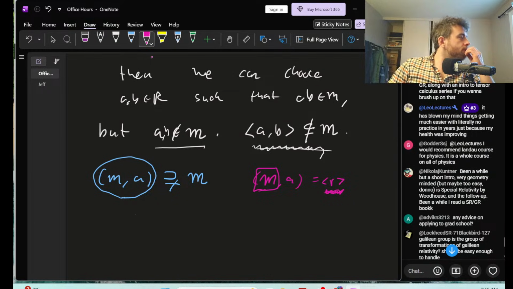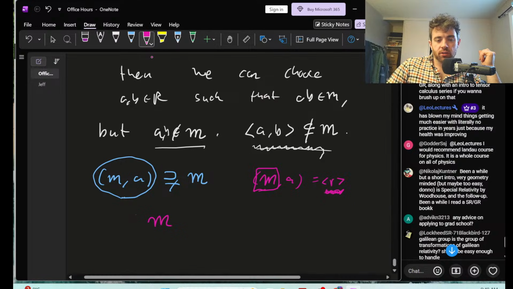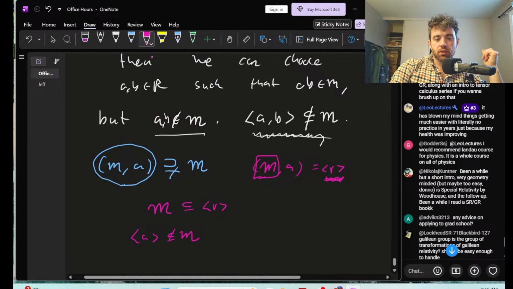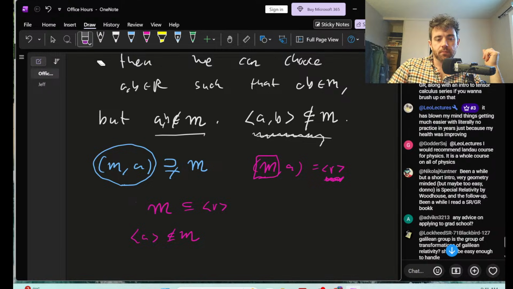Well, hang on. I mean, M is contained in R. Oh, but if A, right, if the ideal generated by A is not in M, wait a second. No. See, my brain's not even working.